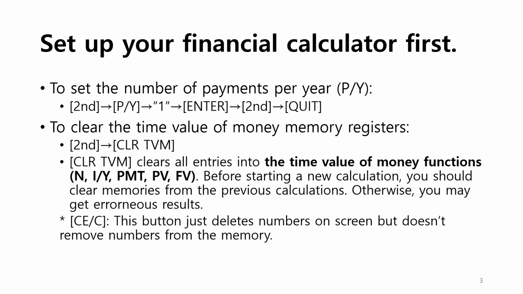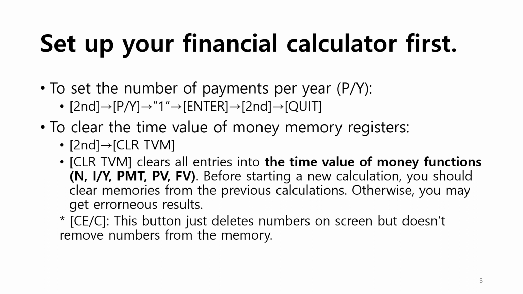If you don't press the second button, then the white character printed on the button will be executed. So press the second button, then P over Y. This is the small yellow character command printed above the button.